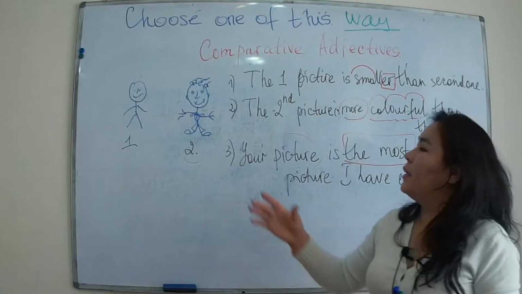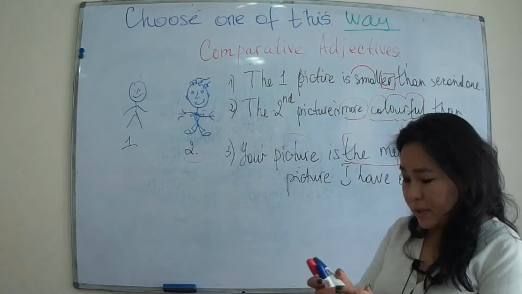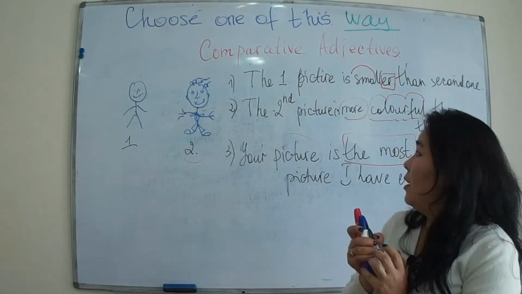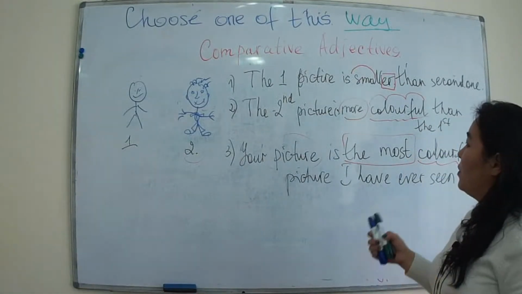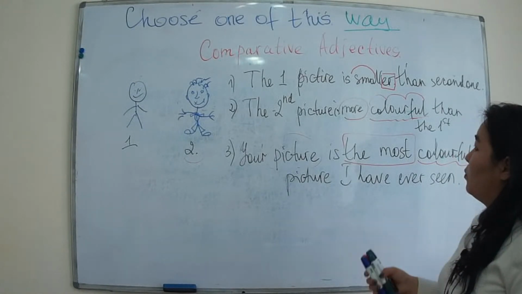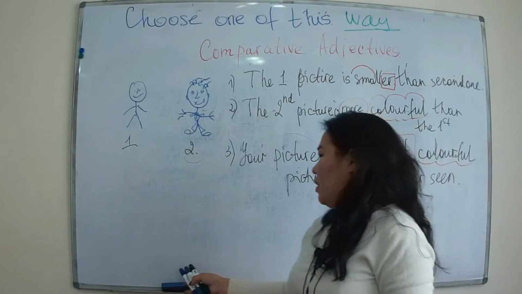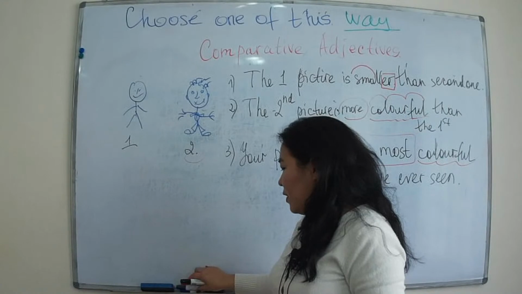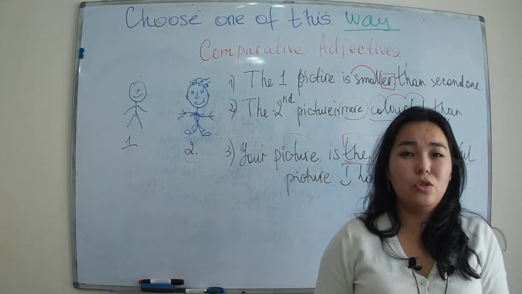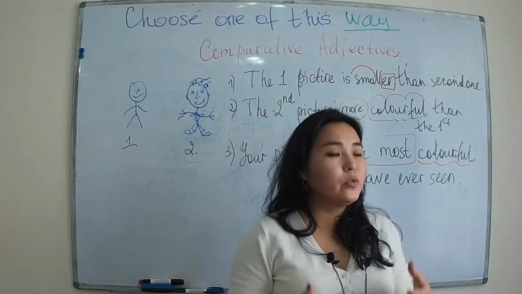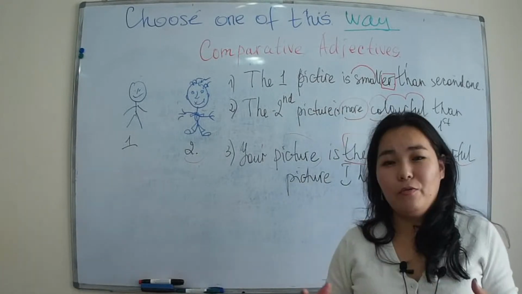So here you see different degrees of comparison in English, and you see that to describe different nouns we use adjectives, and with the help of endings or with the help of helpers we can describe the degree of these things in our speech. So that's why you should pay attention to your use of adjectives in your speech, and with the help of them you can color your speech.